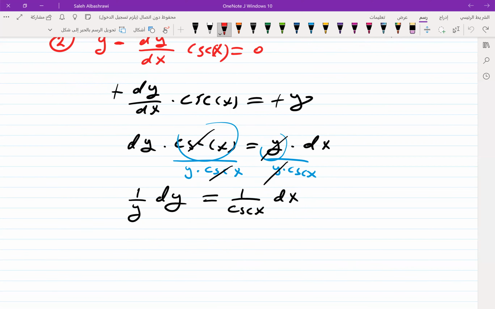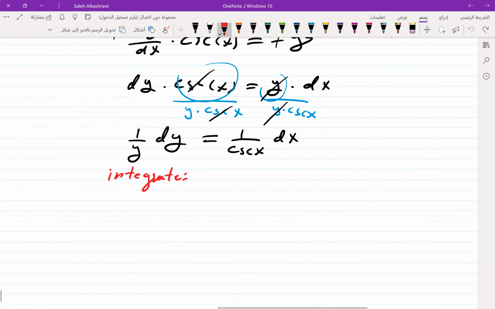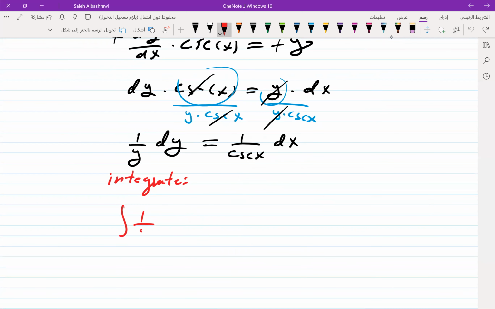Now integrate. I will have integration of 1 over y dy equal integration of 1 over cosecant x, which is equal to sine of x dx.